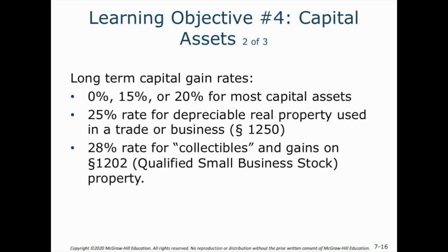We're also going to have a different rate for Section 1250 property. That's depreciable real property used in a trade or business, and that's going to be taxed at 25%. We'll take a look at that breakdown a little later in the slide presentation. And we're also going to have a 28% rate associated with collectibles and gains on Section 1202, that is qualified small business stock property.